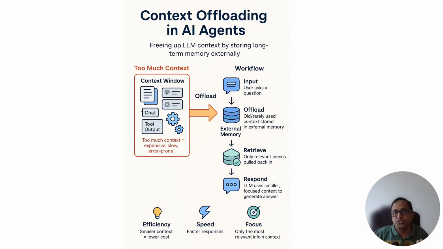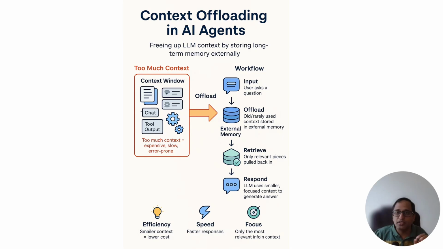So what are the benefits we get out of this? One is efficiency. A smaller context window means lower cost, right? That's what we saw in the last couple of sessions with LangSmith, where a smaller context means fewer tokens and lower cost. Then speed: you get a faster response since the model isn't scanning through unnecessary information. And the most important thing, I feel, is focus.